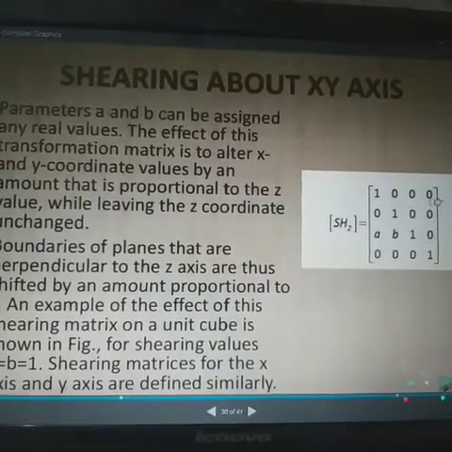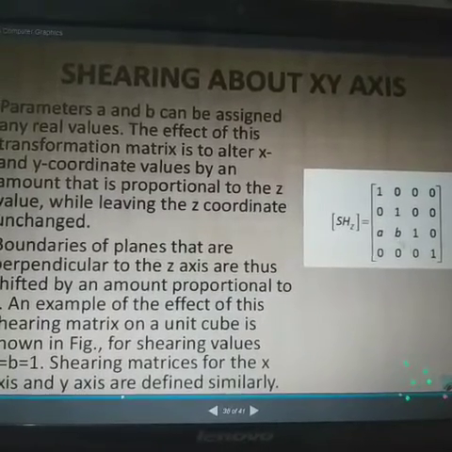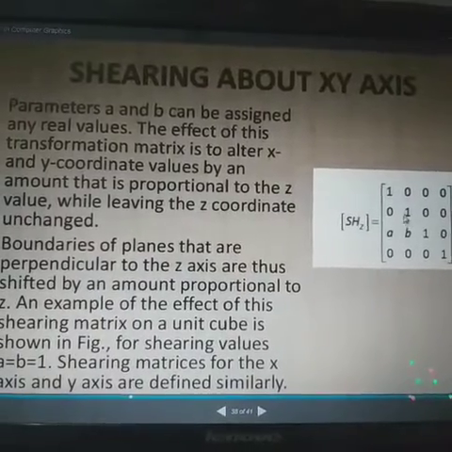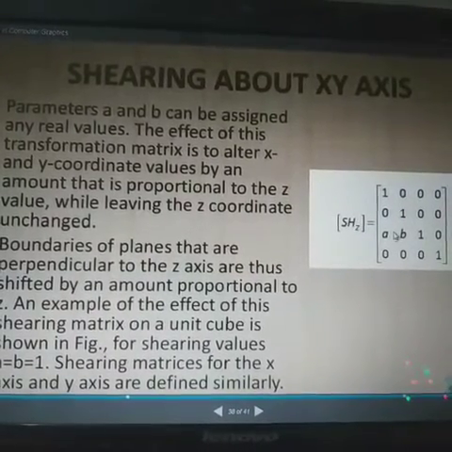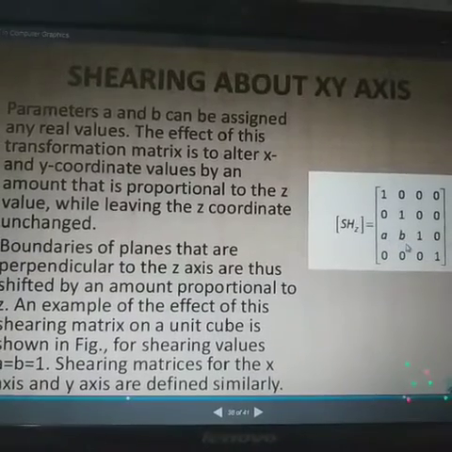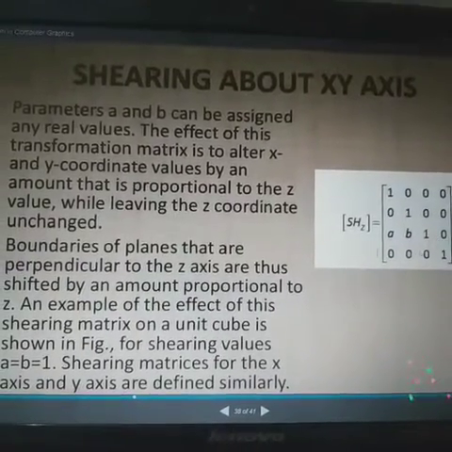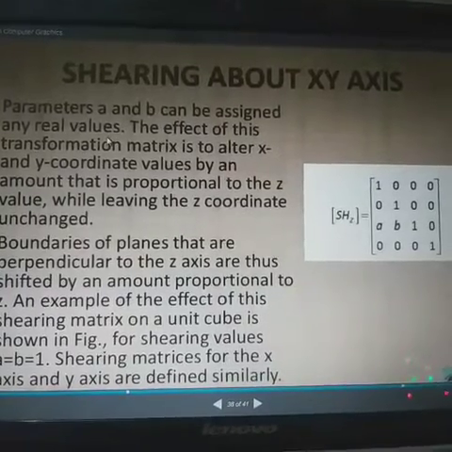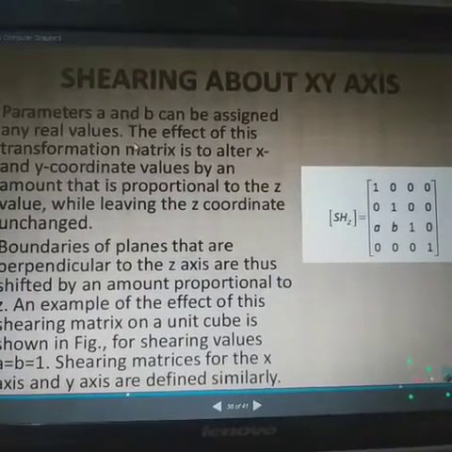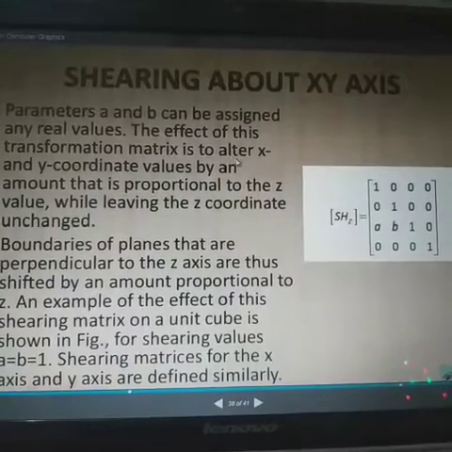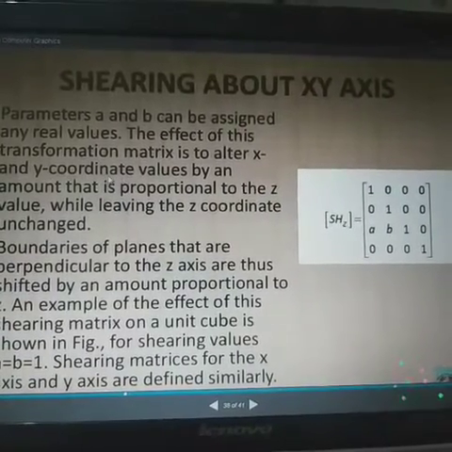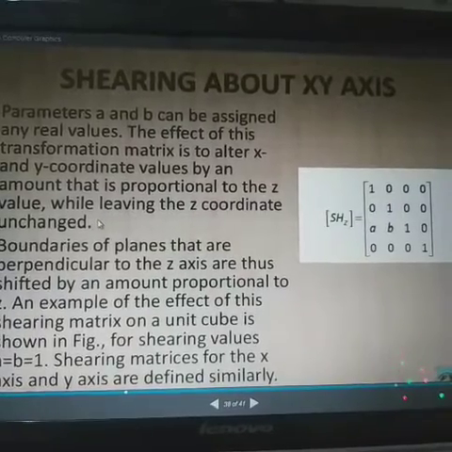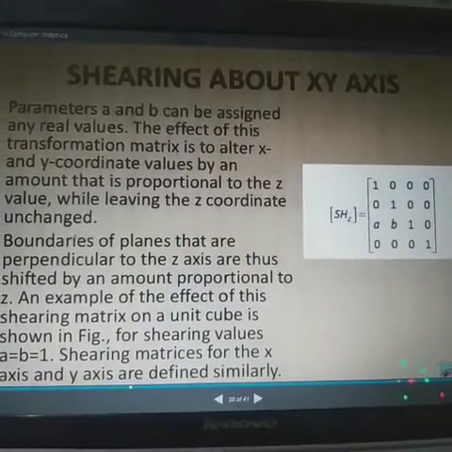1 0 0 0, in the diagonal 1 1 1, and the third row a, b. If we are talking about the xy plane, then the z values are a, b, 1 and 0. The parameters a and b can be assigned any real value. The effect of this transformation matrix is to alter the x and y coordinate values by an amount that is proportional to the z value, while leaving the z coordinate unchanged.